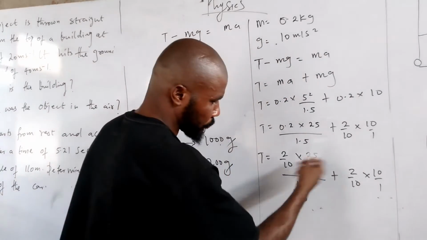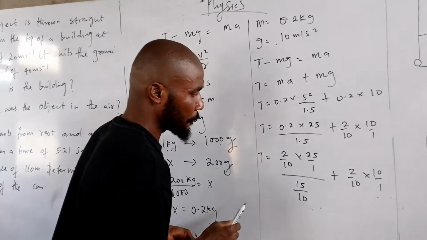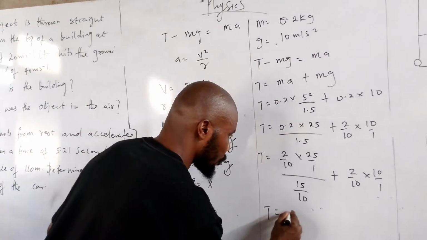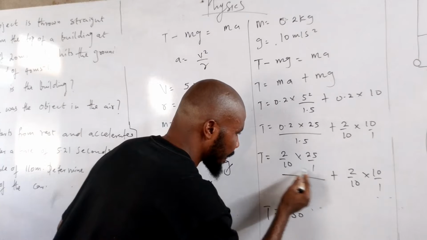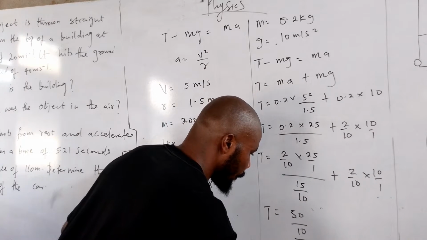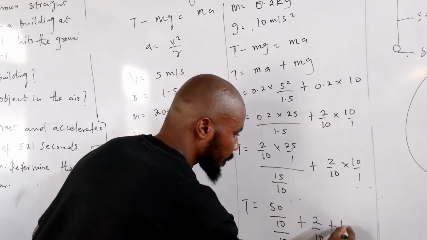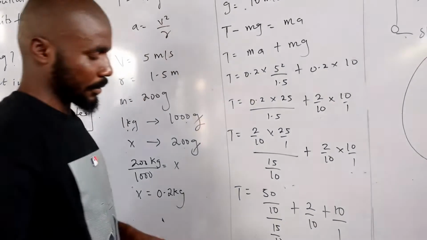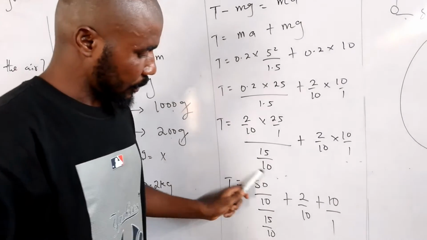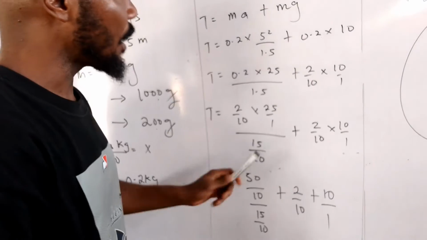So we can now do simple mathematics here. 2 times 25 will give us 50. 10 times 1 will give us 10. So we have 50 over 10, all over 15 over 10, plus 2 over 10 times 10 over 1. This is very simple to explain.